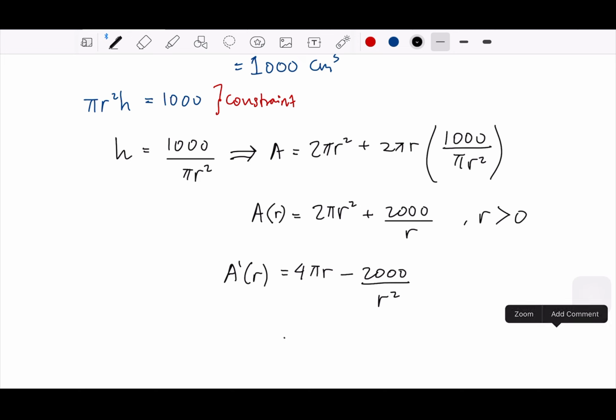But before that, maybe we can combine these two, so 4 pi r cubed, or we can take this 4 out.